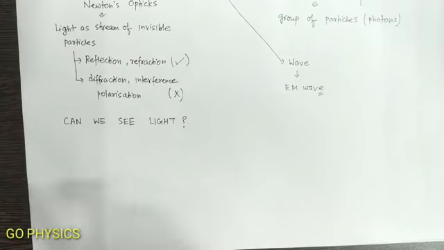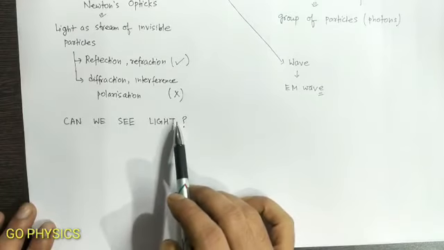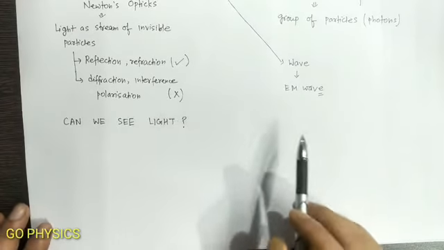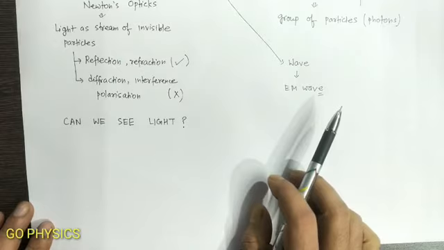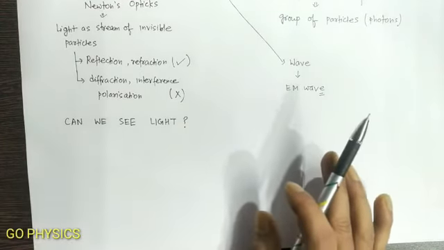One question that comes to mind: can we see light? Yes or no? The answer is no. We cannot see light. Light is invisible.